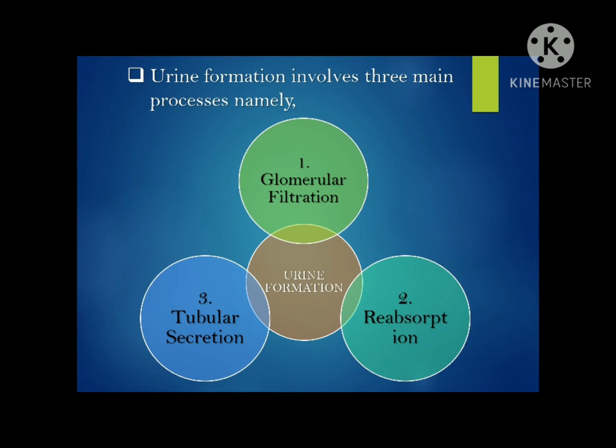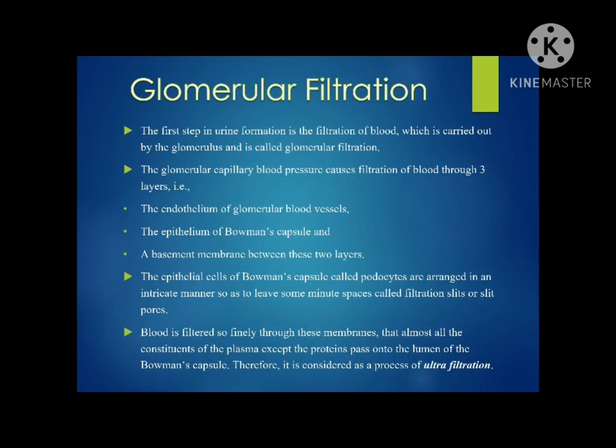Urine formation involves three main processes, namely glomerular filtration, reabsorption, and tubular secretion. Glomerular filtration. The first step in urine formation is the filtration of blood, which is carried out by the glomerulus and is called glomerular filtration.